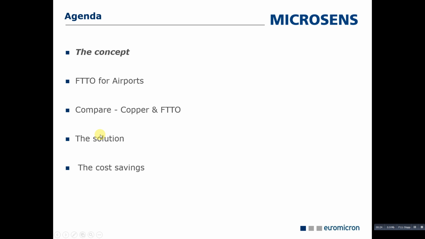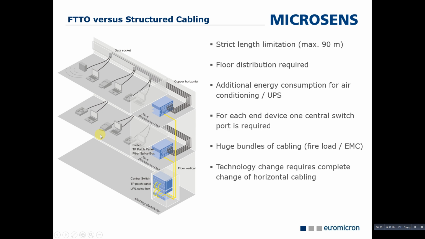So let's start. What you can see here is a normal structured cabling solution. This is now for all the buildings, hospitals, office buildings, airports, whatever buildings are known. So you can see here, we are talking about a building with some floors, could be a hotel also.